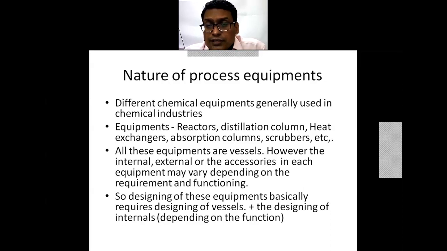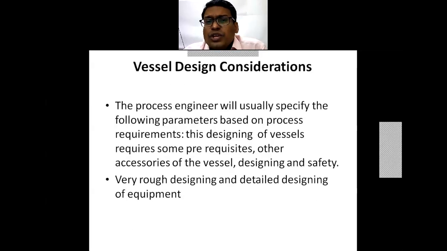These internals are a separate part, and that varies from equipment to equipment. But the basic equipment design is what we are going to discuss in this subject, related to these basic design requirements. That is what we call the vessel design considerations.